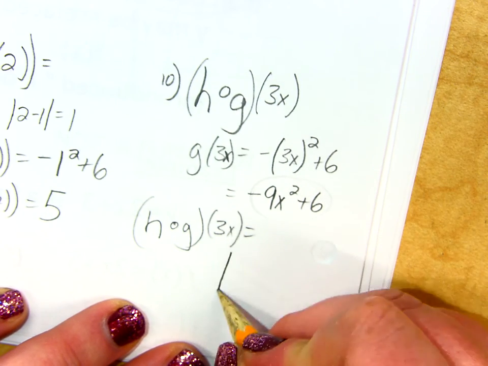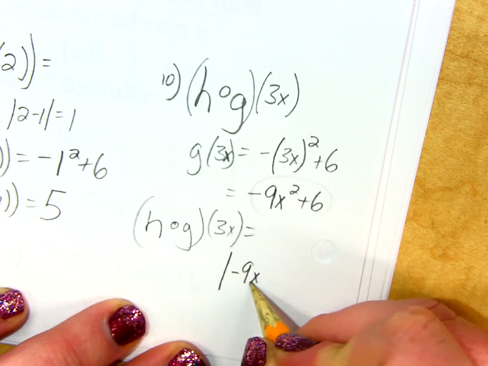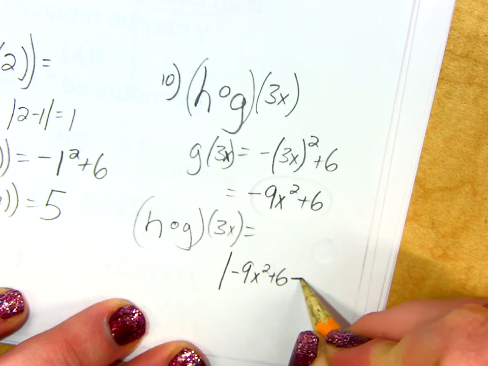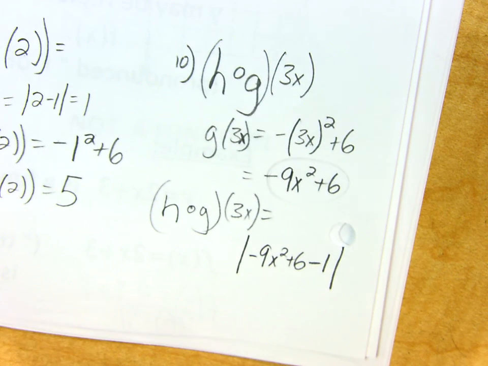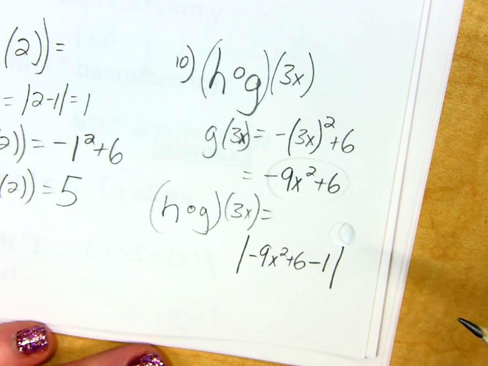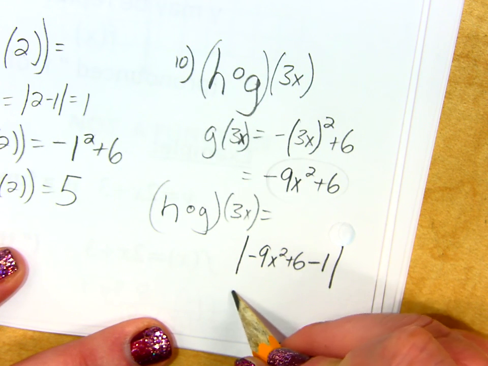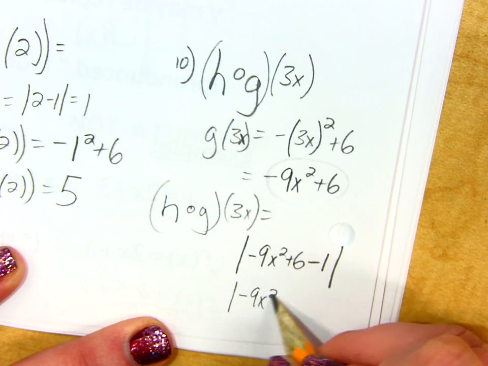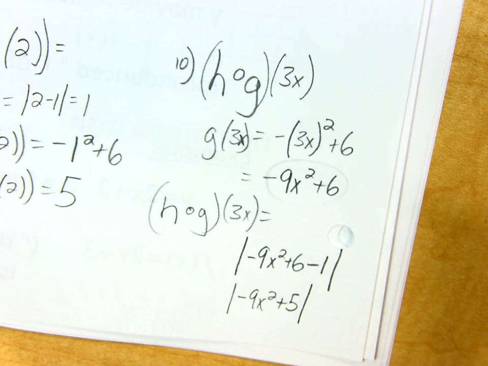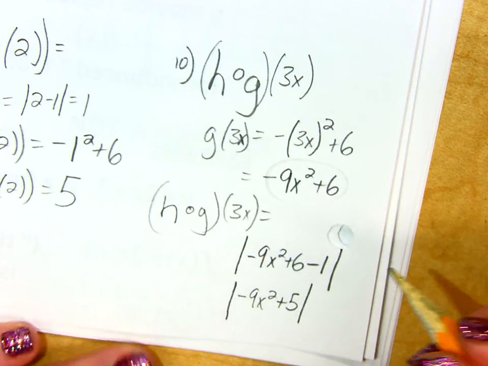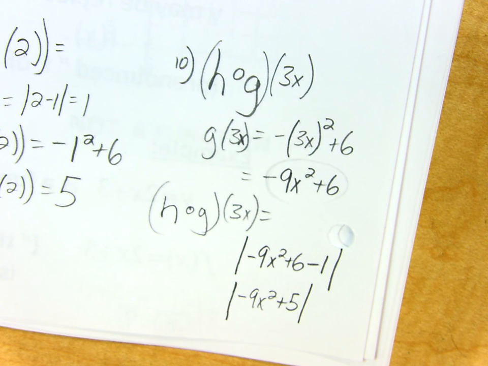So that's going to look like negative 9x squared plus 6 minus 1, all in those absolute value bars. And now let's just simplify as best I can. Okay, so that would get me plus 5. And that's really as best as I can do, right? So there's my answer. We're all right? Yeah? Okay, so I'm going to give you some to try. Let's stop this here.